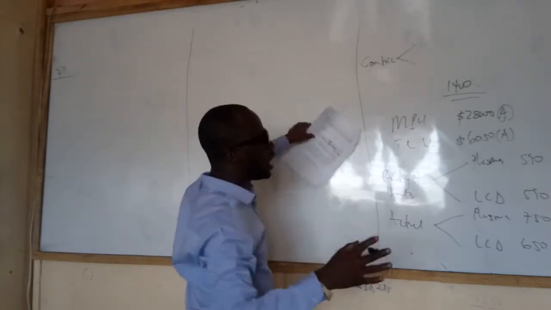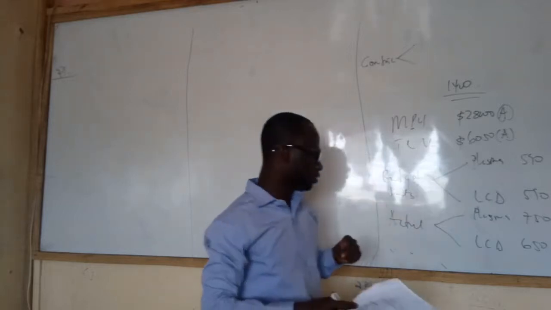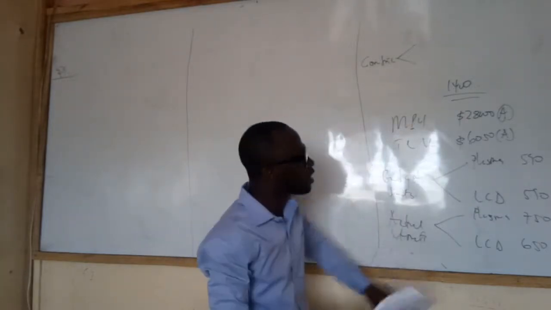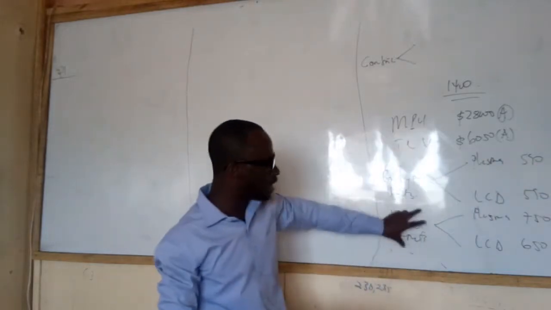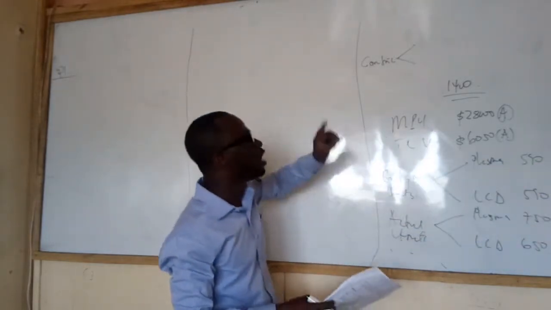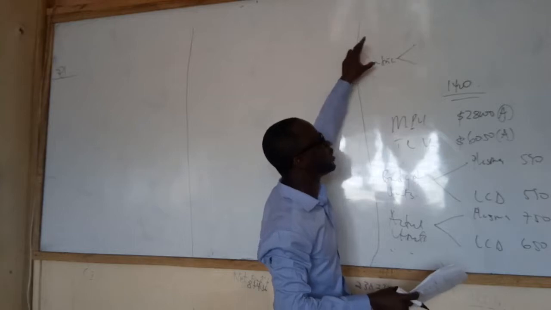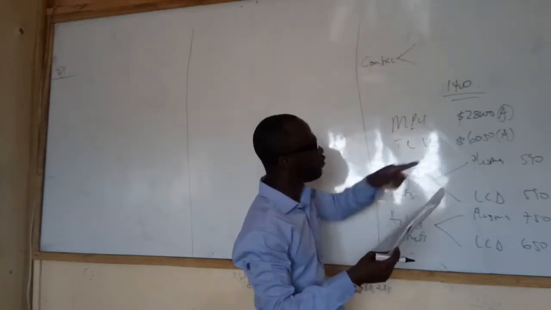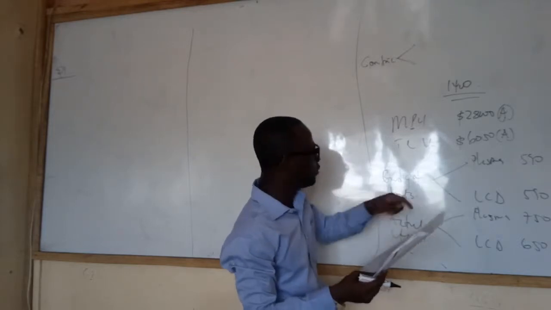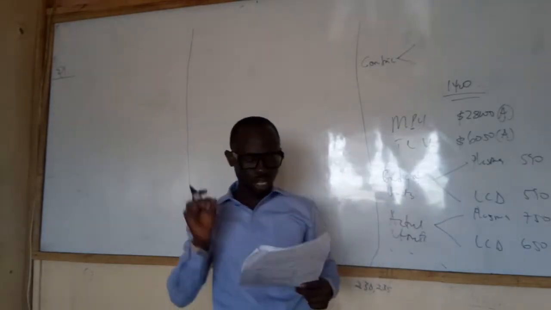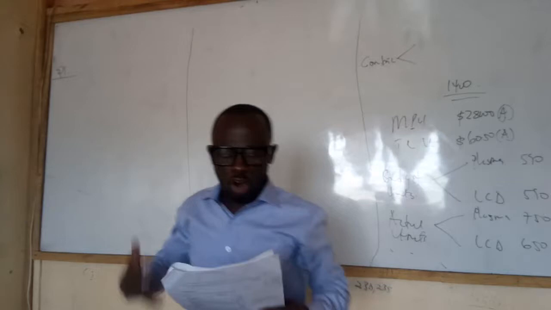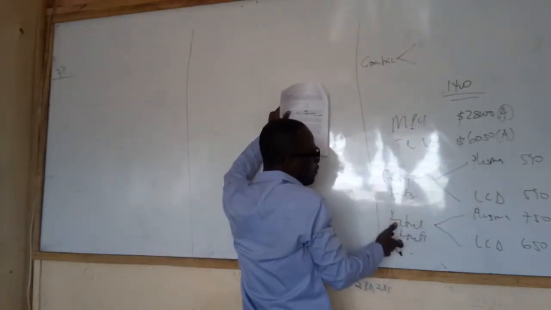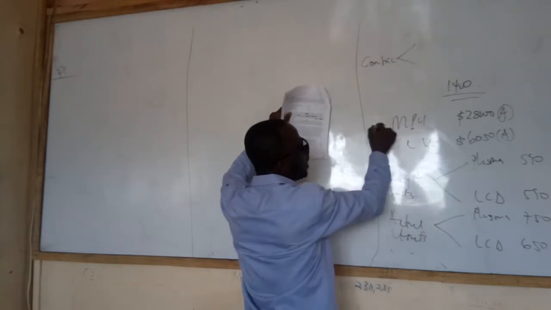So from note 1, we have the budgeted units, the actual units, the budgeted selling prices, the actual selling prices, and the standard contribution, which has been given as 190 for plasma and 180 for LCD. Note 2: remember, this information provided to us is in relation to the material price variance.